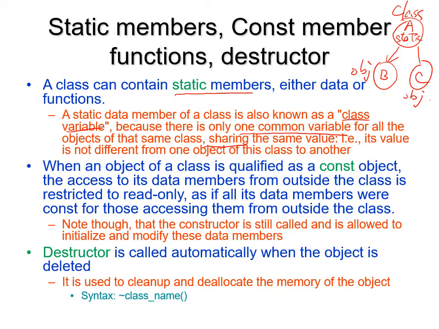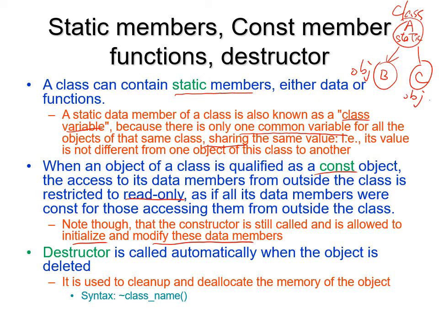On the other hand, you can declare an object of a class to be a constant object. Constant means the object data outside the class should be read only, so that you cannot change the data inside the object. But still, the constructor of the class is allowed to initialize and modify the data members.